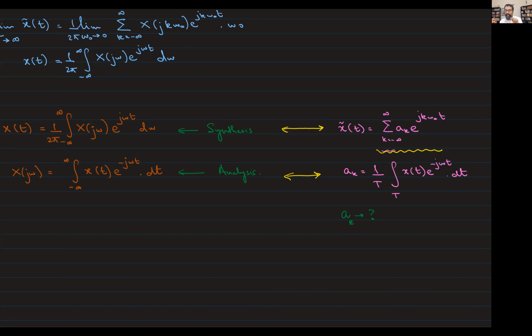So therefore, a sub k represents the contribution of a complex exponential of frequency k omega naught.